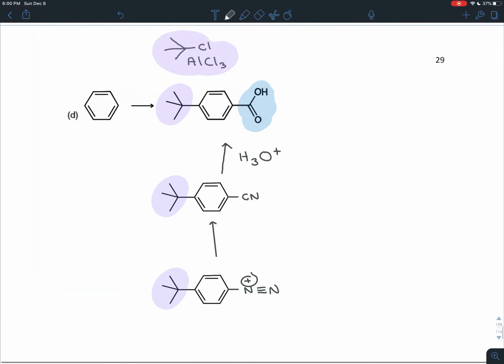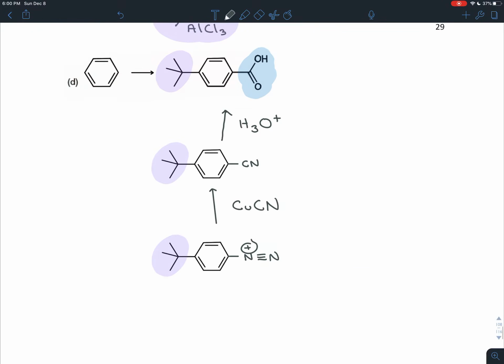So that's what we could do here. We could treat this with copper cyanide. So if we had a diazonium ion, we could get the cyano group on there, and if we had the cyano group, we could hydrolyze it and turn it into a carboxylic acid. But how do we get the diazonium ion? Well, we only know one way to make a diazonium ion, and that is to make it from a primary amine.